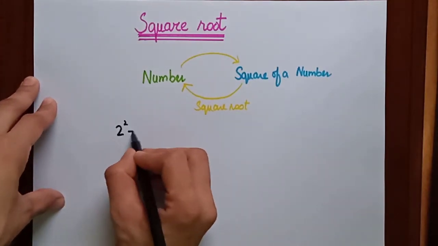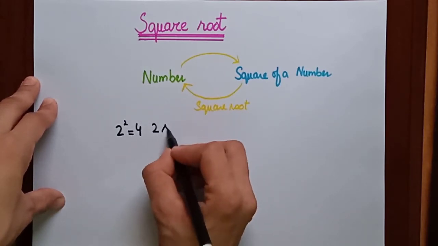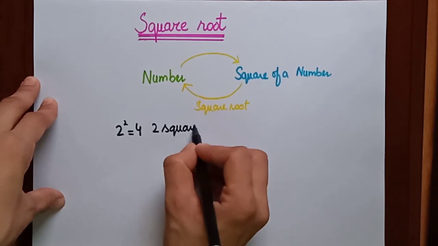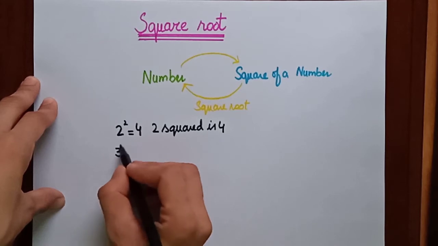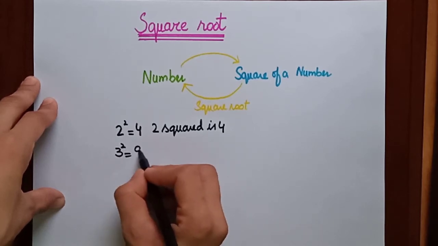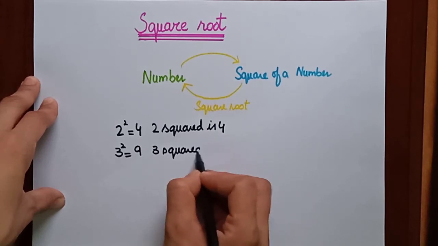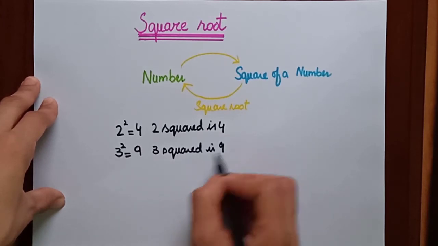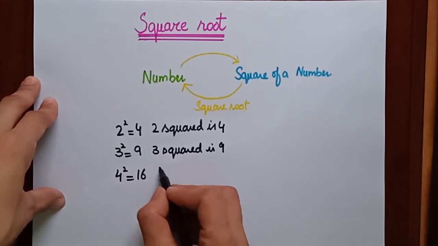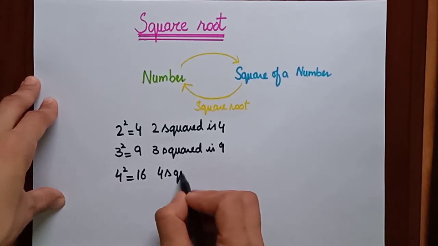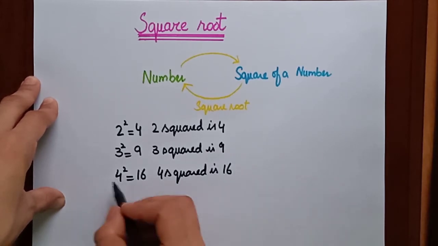2 square is 4, and we rewrite it as 2 squared is 4. 3 squared is 9. 4 squared is 16.